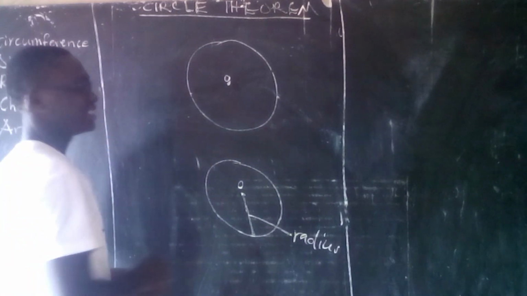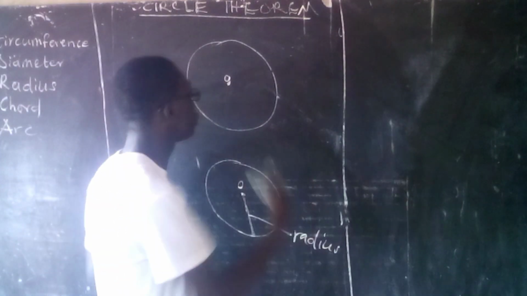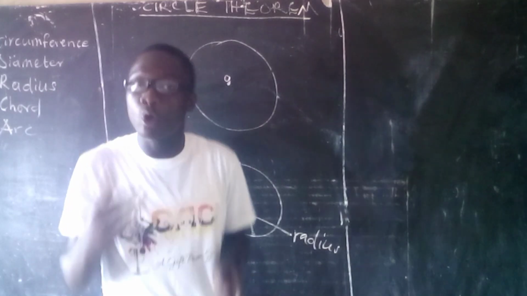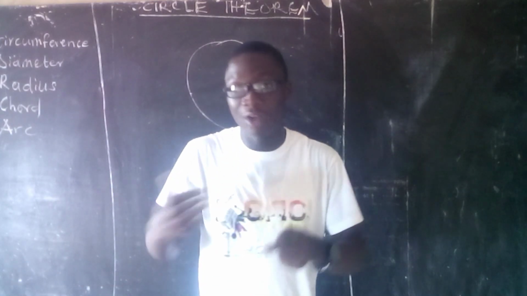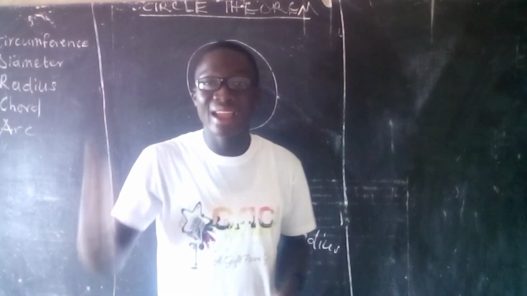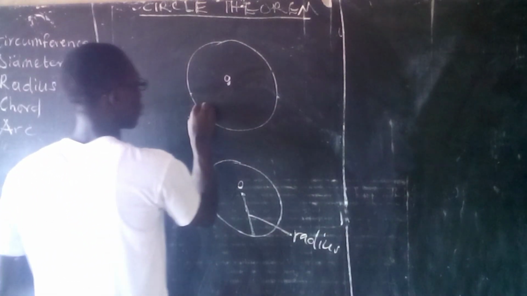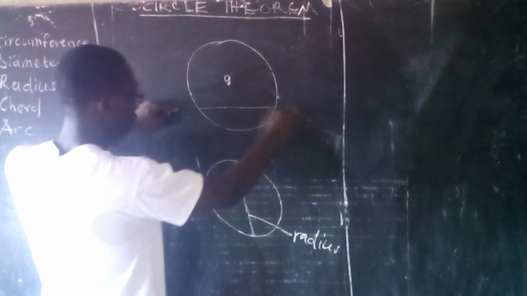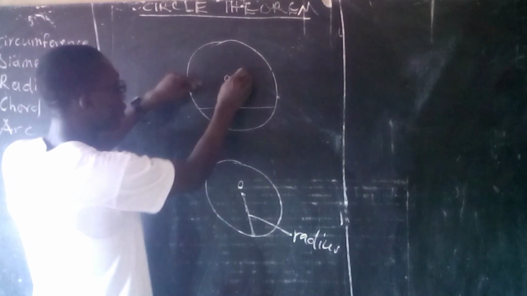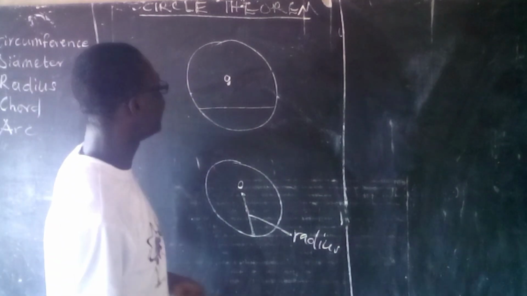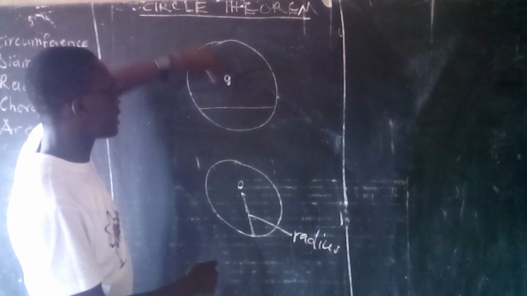The diameter divides the circle into two equal parts, but a chord does not divide the circle into two equal parts. Rather, it divides the circle into two segments. So this is a chord. This chord divides the circle into two segments, the bigger segment and the smaller segment.